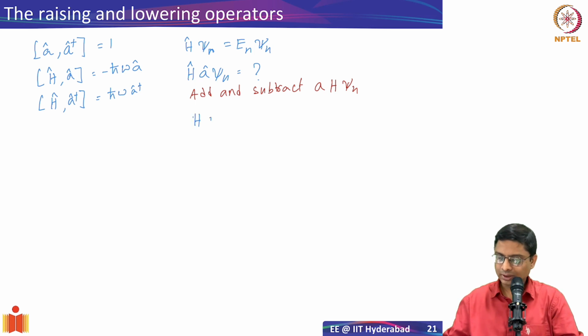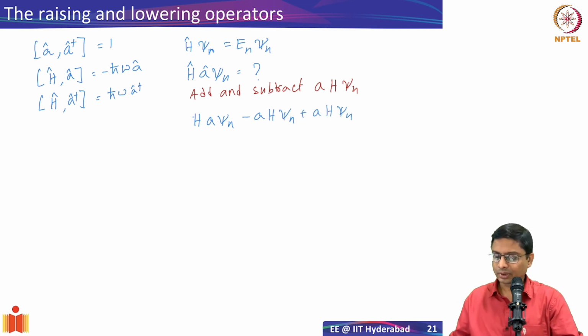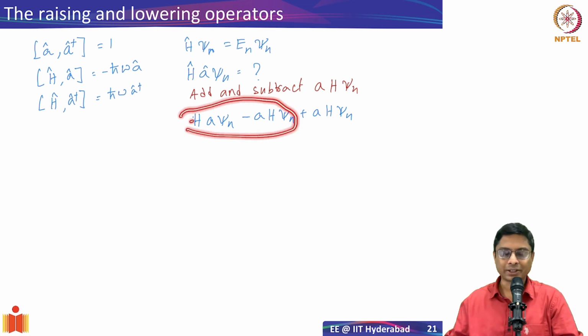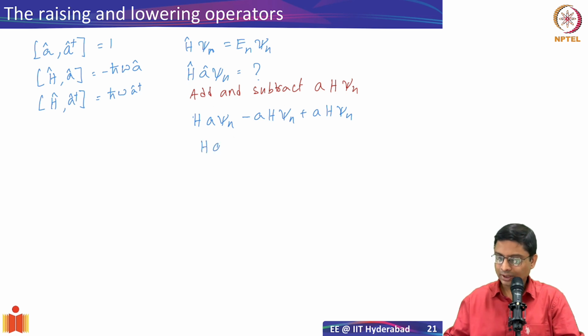Basically h A psi n minus A h psi n plus A h psi n. Immediately you see that the first two terms form the commutator bracket. So what I will say is h A minus A h acting on psi n, plus A h psi n.